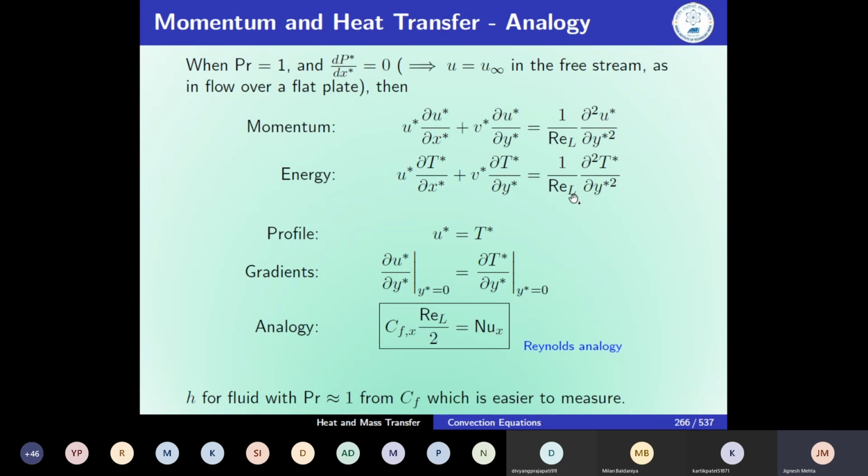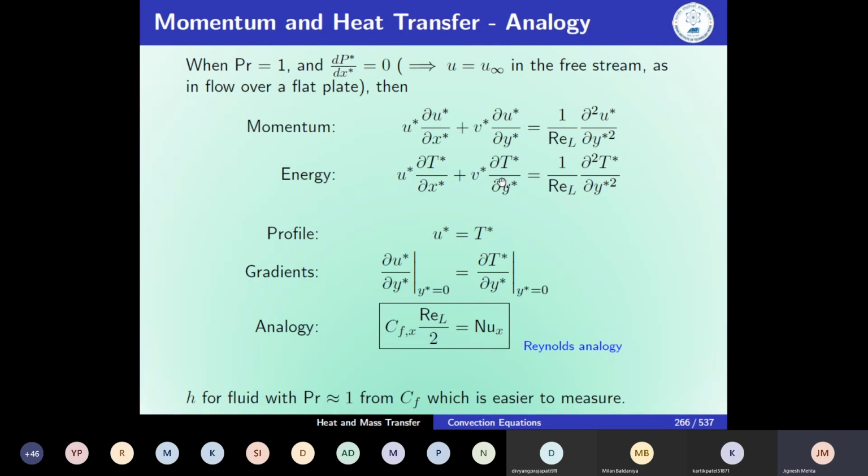And here Prandtl number is not written. If your Prandtl number is nearly equal to 1, that can disappear. So you can see that both of them look very similar.